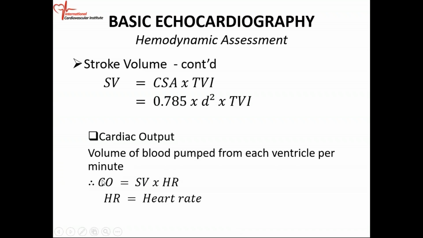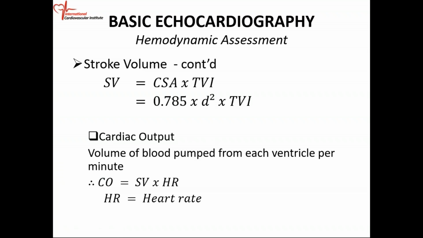So when the patient comes to the echo lab, you not only have to get the blood pressure, you have to get the heart rate, but more importantly, you have to get the heart rate while you're doing this analysis. Usually if you look on the monitor, it will record a heart rate. So you can use that heart rate.